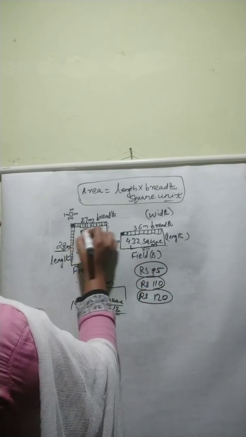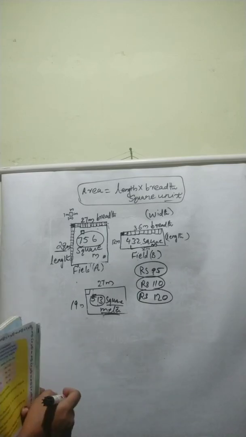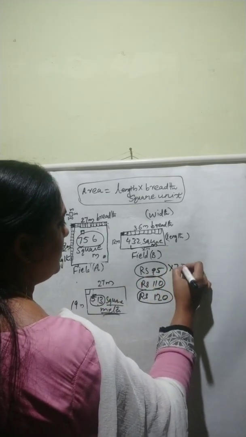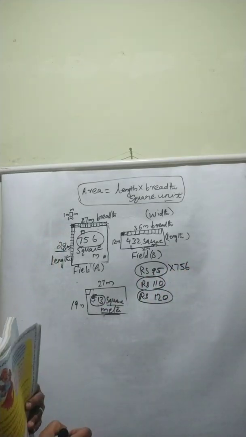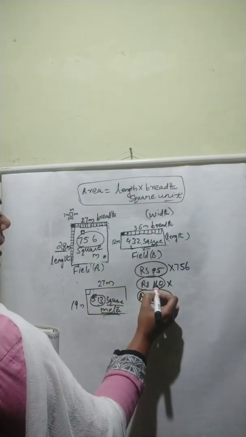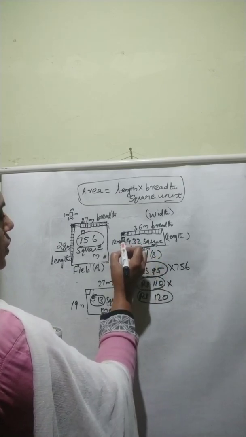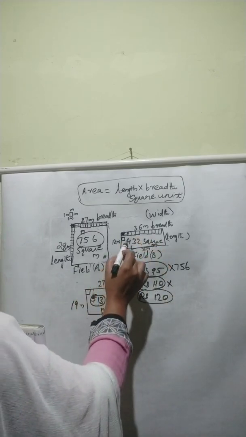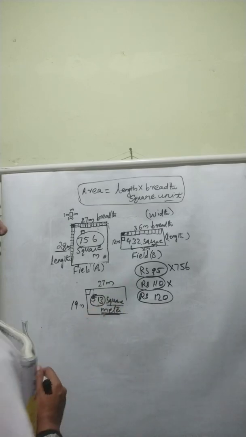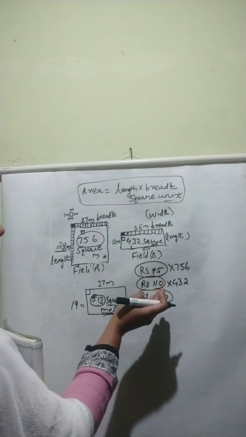So what is the total? That is 756 square meter, so we can multiply this with 756. Then next one, 110 rupees for 1 square meter. Total 432 square meters are there, so we have to multiply. How many times do we need to pay this money?